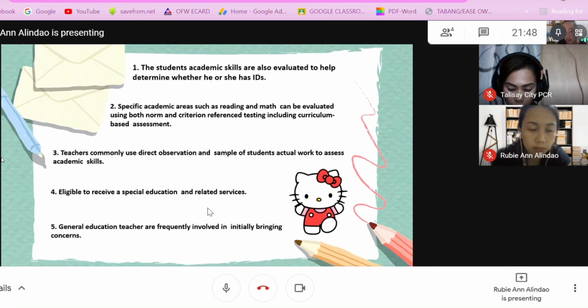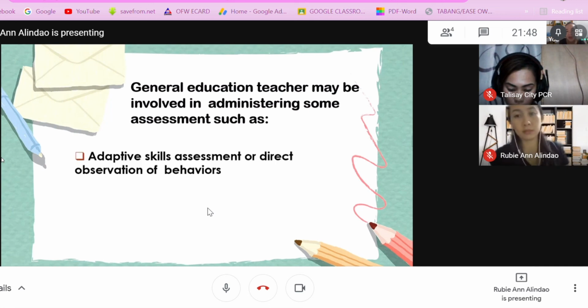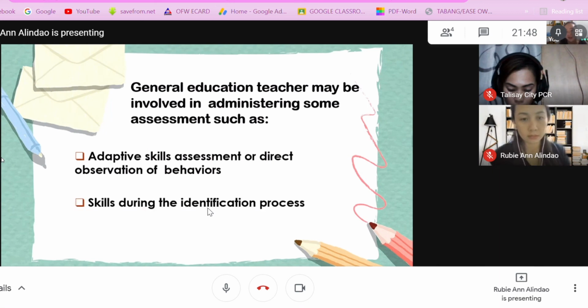General education teachers are frequently involved in initially bringing concerns to a study team that the student is not performing well in class. A general education teacher may also be involved in administering some assessments, such as adaptive skills assessments or direct observation of behavior, during the identification process.